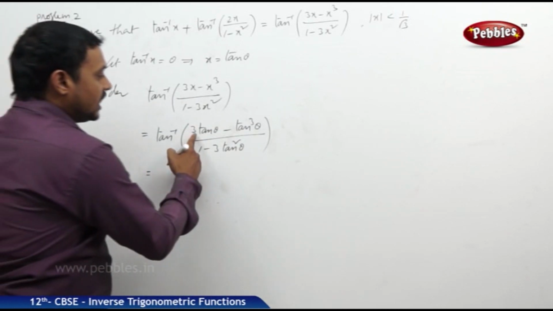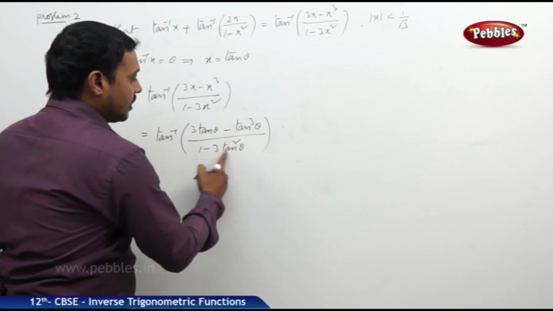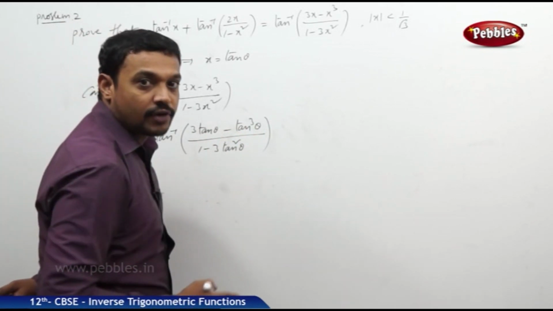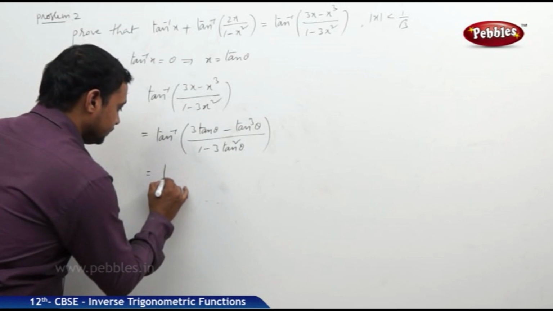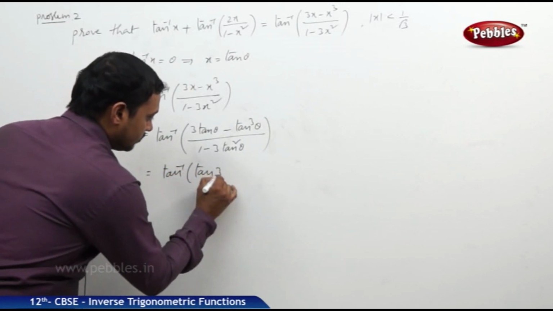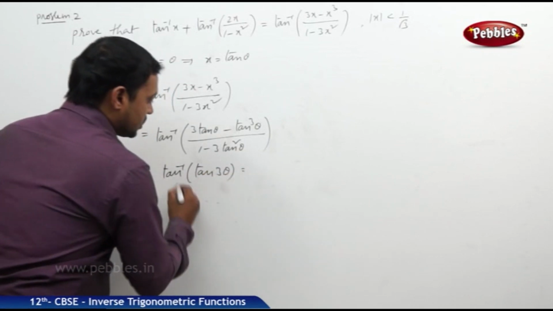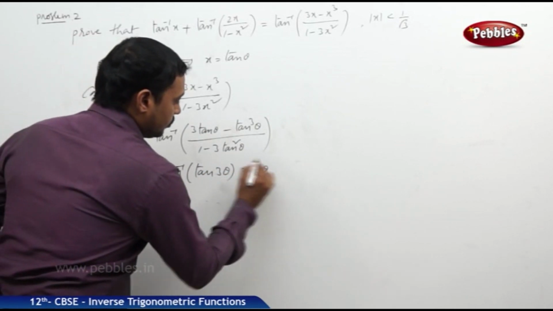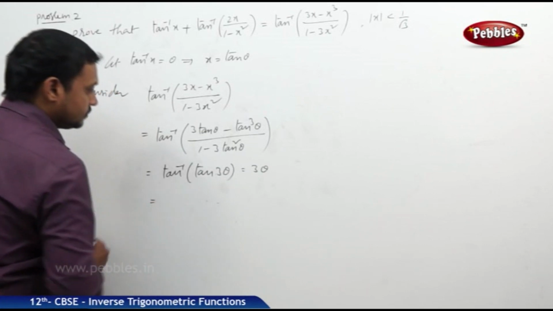Now, you know, 3 tan theta minus tan cube theta by 1 minus 3 tan square theta is the formula of tan 3 theta. Therefore, it is tan inverse of tan 3 theta, which is equal to 3 theta.